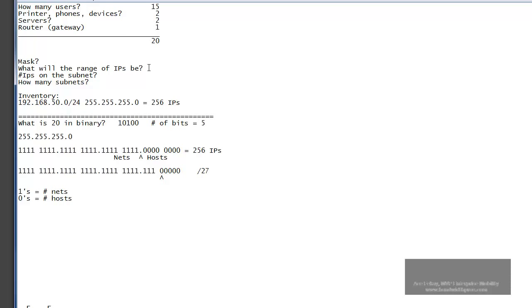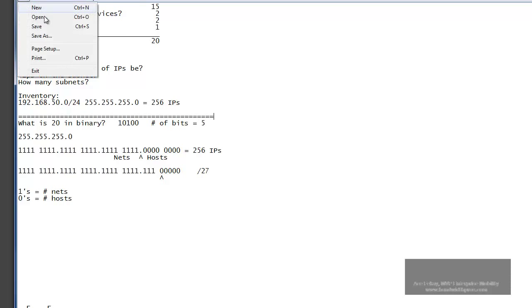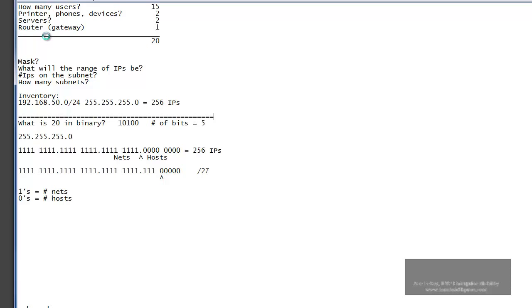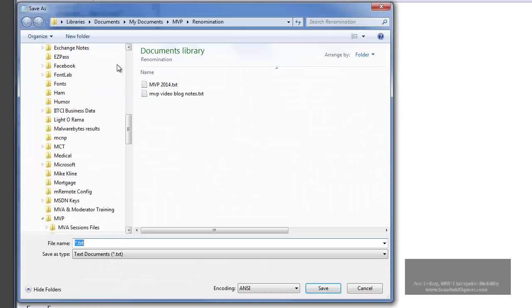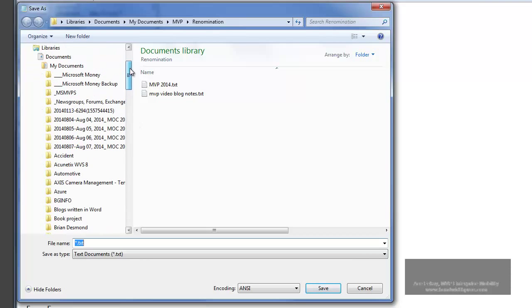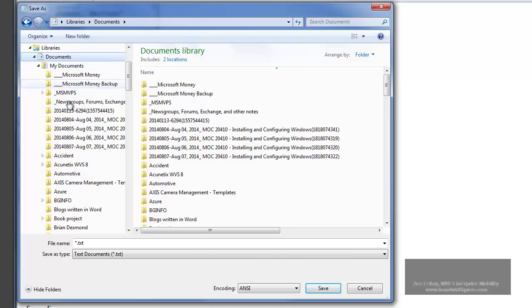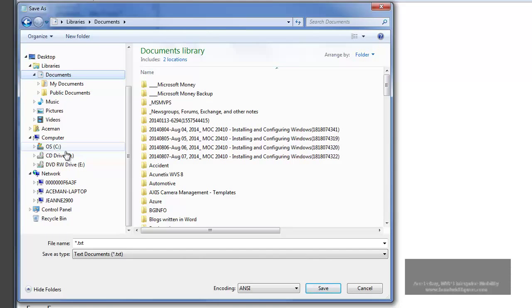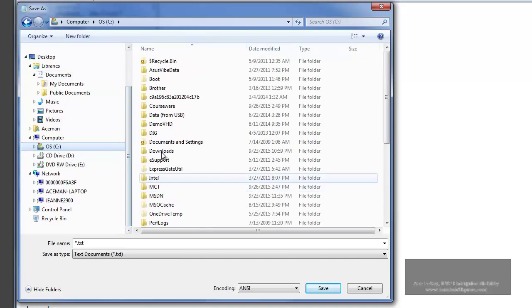All right, just divide that out a little bit, and I'm going to save this so I can use it a little later here. I'll just go up to docs here. I'll just go to C drive here.